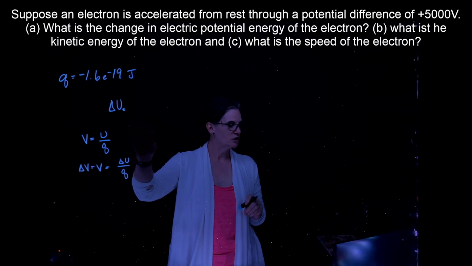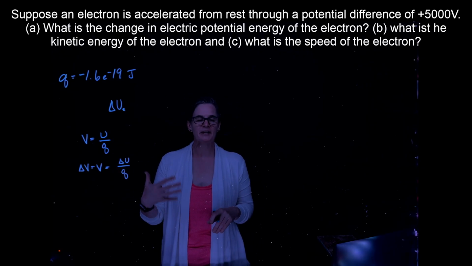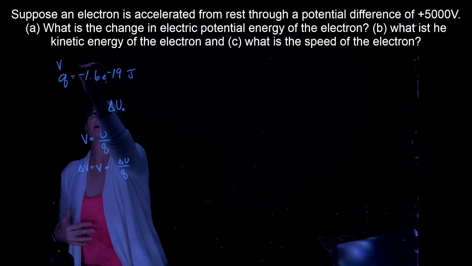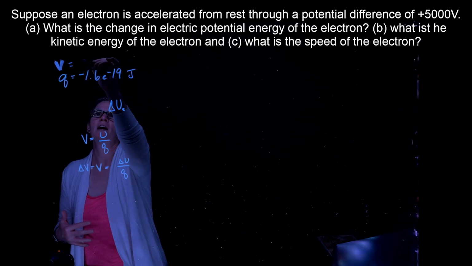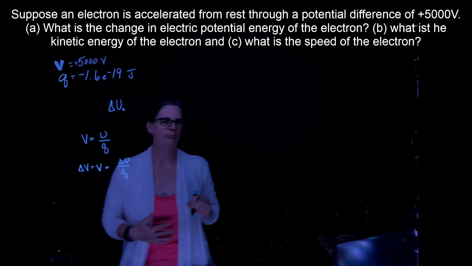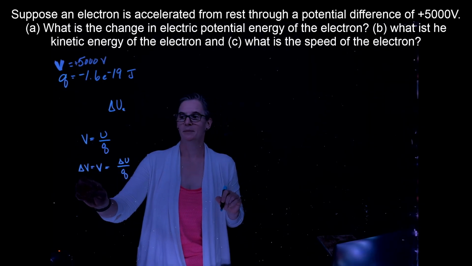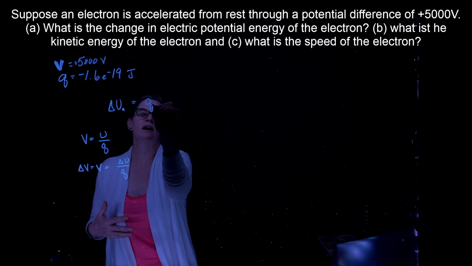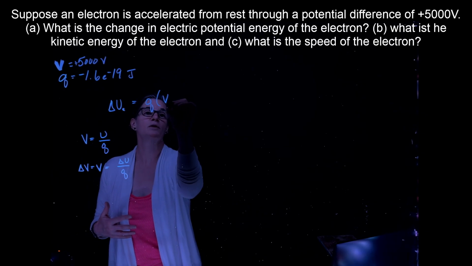So if we want to know the change in electric potential, we're given the voltage, the potential difference, of 5,000 volts. All right, so our change in potential energy is going to be our charge times our voltage.